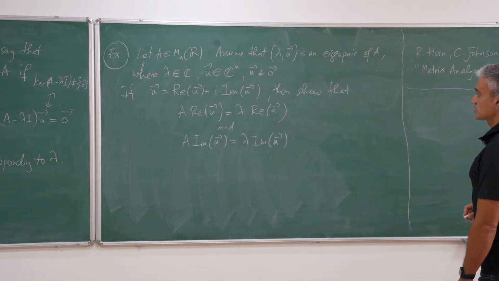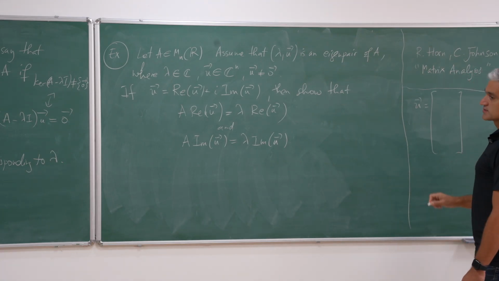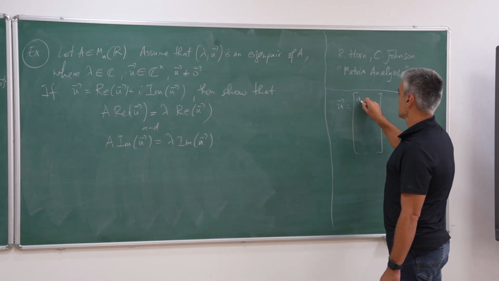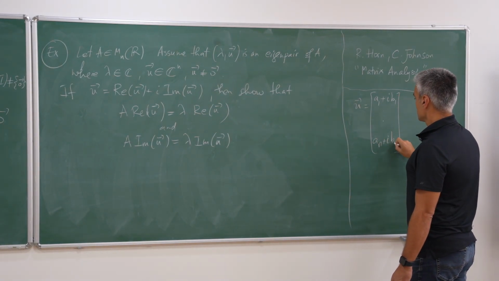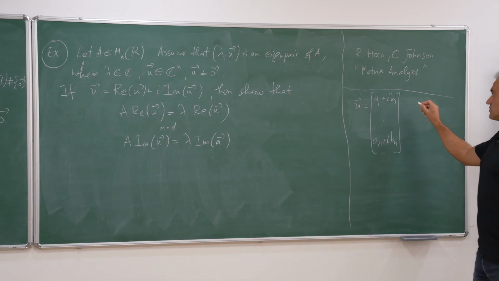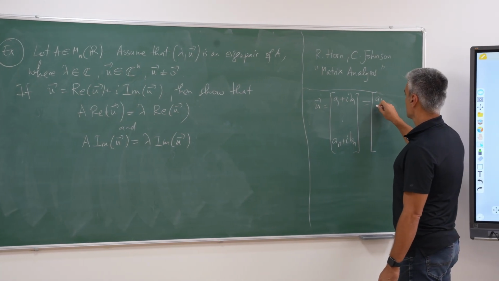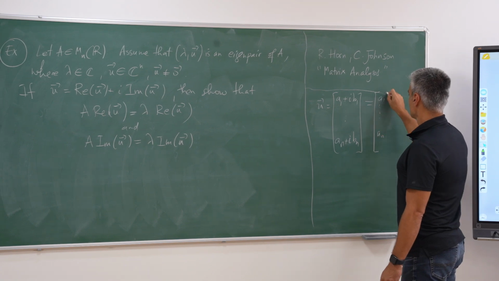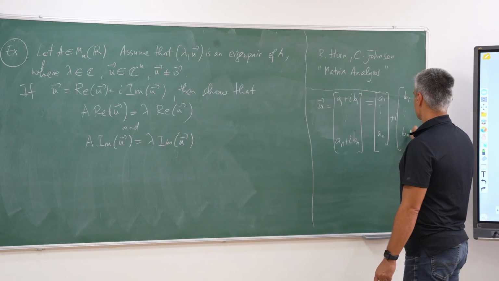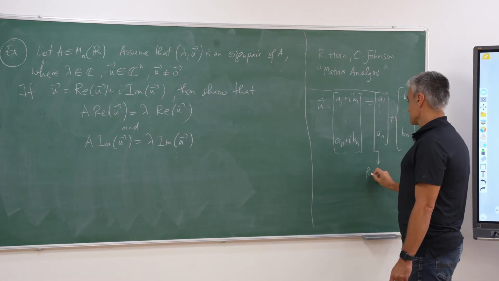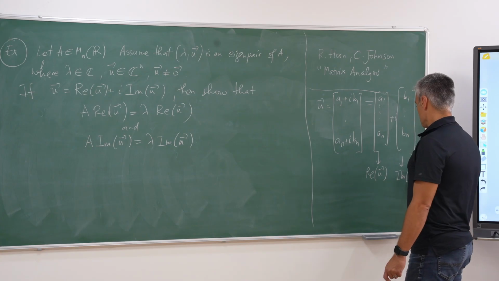Here you're going to have some complex entries, a1 plus i b1, up to an plus i bn. Then you break it down the way you would for complex numbers: a1 to an plus i times b1 to bn. So this is the real part of u, and this is the imaginary part of u.